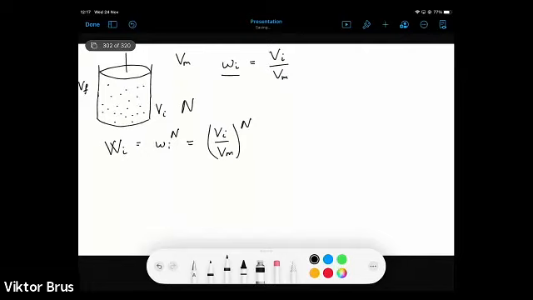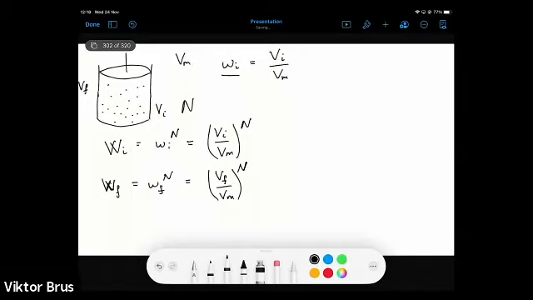W final, the total number of microstates which can describe the given macrostate when we occupy all the volume of the container, will be equal to omega final in the power of n, because we still have the same number of molecules n, and that will be equal to V final divided by Vm, the microscopic volume of the molecule itself, in the power of n.